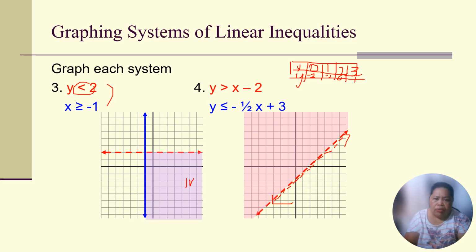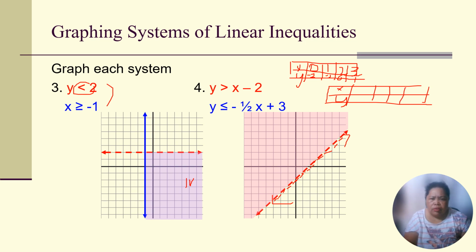What about the second equation or inequality? Using the same table of values, we have here x, y. Negative 1/2 times 0, that is 3. So 0, 3.